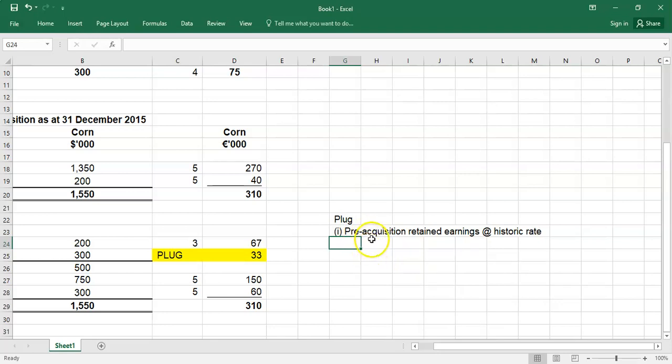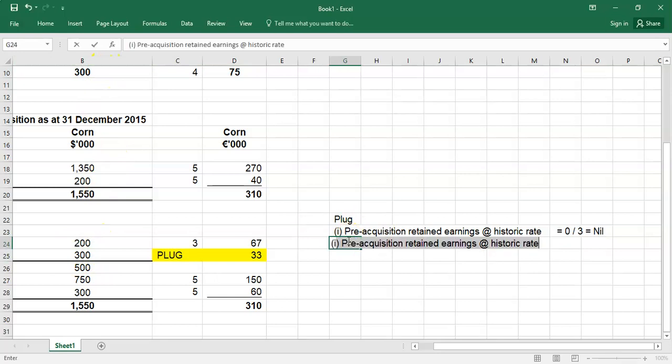What was retained earnings there, and convert them at the historic rate. So in our case here, it is 0 divided by 3, which equals nil. So we have none because we don't have any pre-acquisition retained earnings. We set it up at the start of the year, which means it had 0 retained earnings. All those 300 retained earnings came from this year.